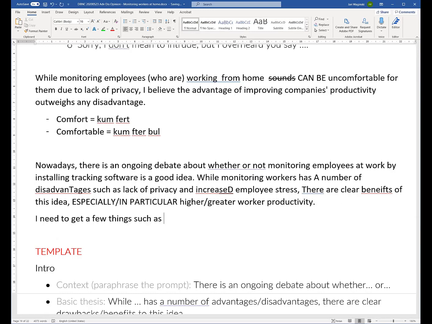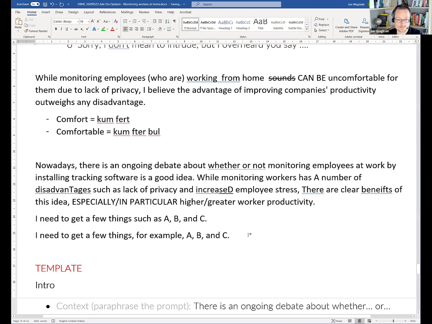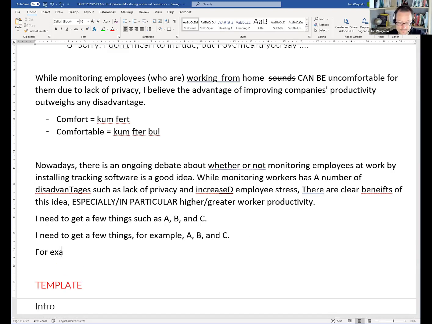Like, for example, this comma is optional, but normally people say, for example, I need to. Okay.